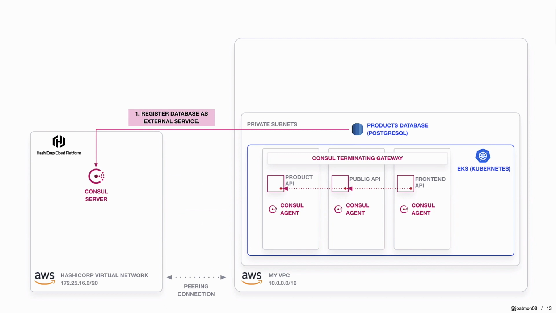So first, I'm going to register the database as an external service in Consul. Consul has to know that the service exists. And the second thing is I'm going to link the database service to a terminating gateway. So this puts a proxy in front of it, a proxy that will allow it to communicate within the mesh. Now, it doesn't mean that there's TLS between the terminating gateway and the database.